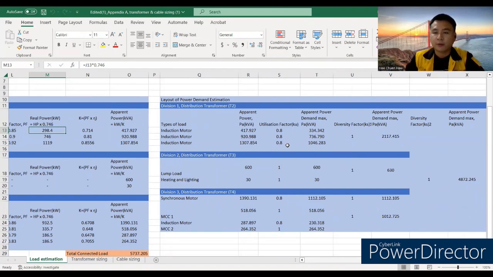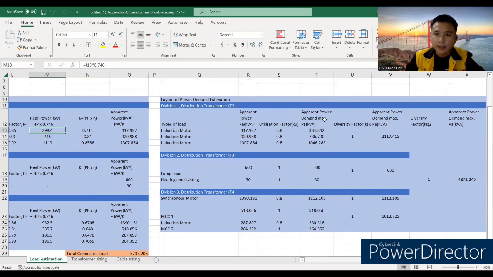KU actually stands for the total connected load power with respect to time. Since the induction motor is connected as a load, the utilization factor will be estimated as 0.8. For the lamp load and the lighting, we consider it as 1. So the motor will of course be 0.8, and the MCC will be considered as 1.